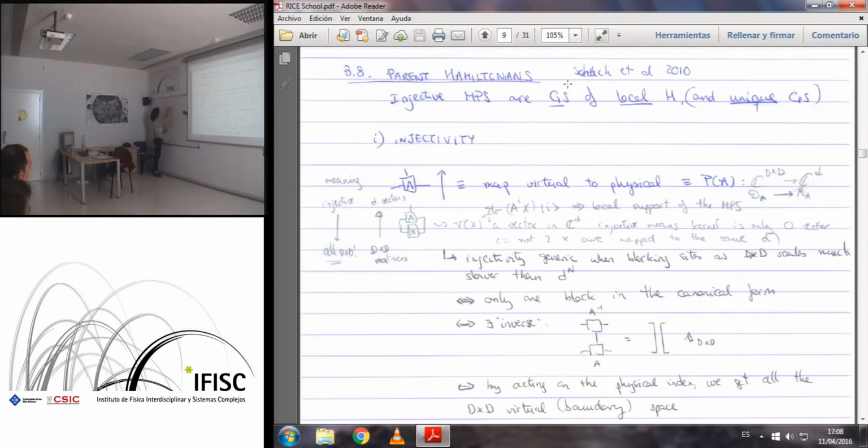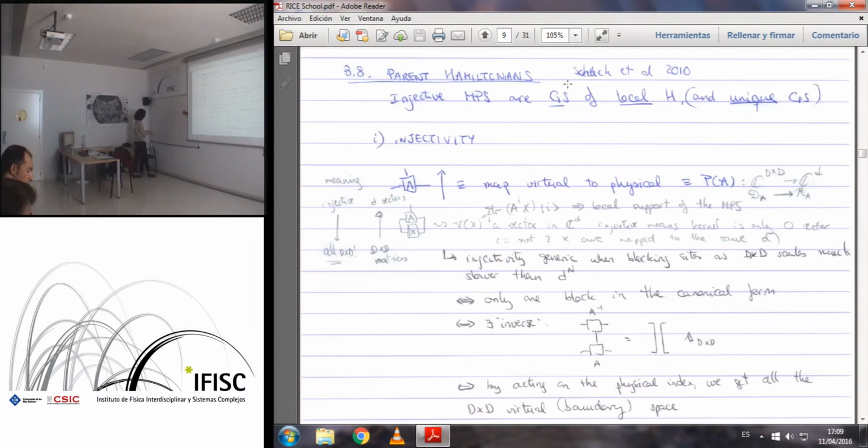You can continue doing this, and then you will have something which is d to the n, while here it is still D times D. Because this grows exponentially, but this doesn't grow, at some point this space is so much larger than this one that injectivity is the generic property. You won't hit twice the same element there. You just pick up D times D. You can do it, but it won't be the generic thing; it will be for specially tailored tensors.